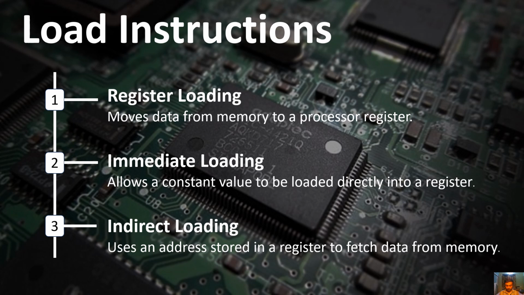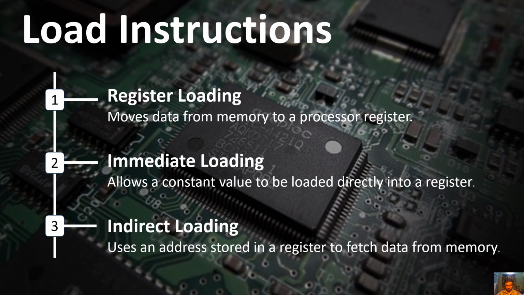Immediate loading. A constant value is loaded directly into a register. Example: move R1, #10 loads the immediate value 10 into the register R1. Allows the constant value to be loaded directly to the register. Indirect loading.